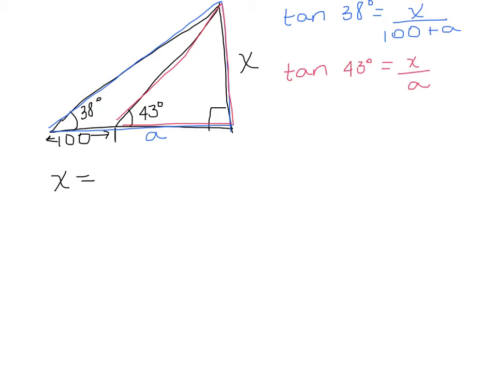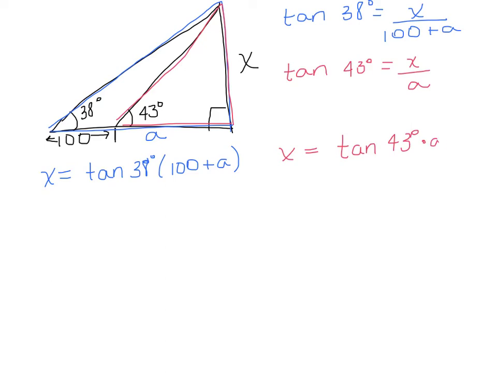So for the blue triangle, x would equal tangent 38 times (100 plus A). And for the pink triangle, x would equal tangent 43 times A. So I'm going to set these two equal to each other since they both equal x.